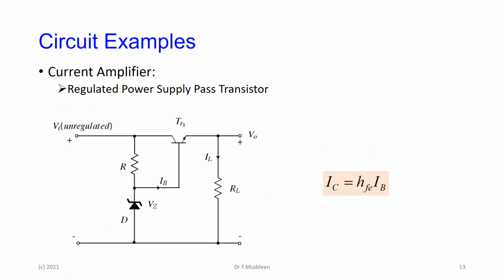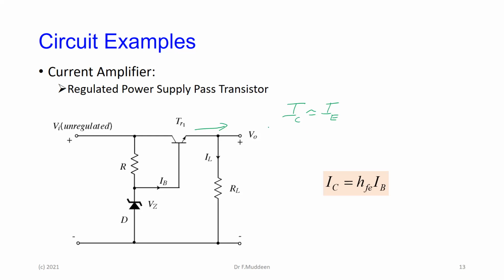IC, of course, is the output current for the power supply, but we always use the assumption for most transistors that IC is approximately equal to IE. So that the useful current coming out of the device is approximately HFE times whatever IB is.